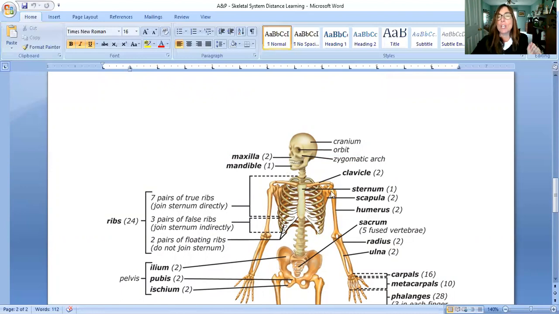You have what's called your pectoral girdle up here, and that would be like your shoulder blades, which are called your scapula, and this thing right here is a clavicle, but I can't remember the common name, the collarbone. So the clavicle and the scapula make up the pectoral girdle to which your arms are attached.